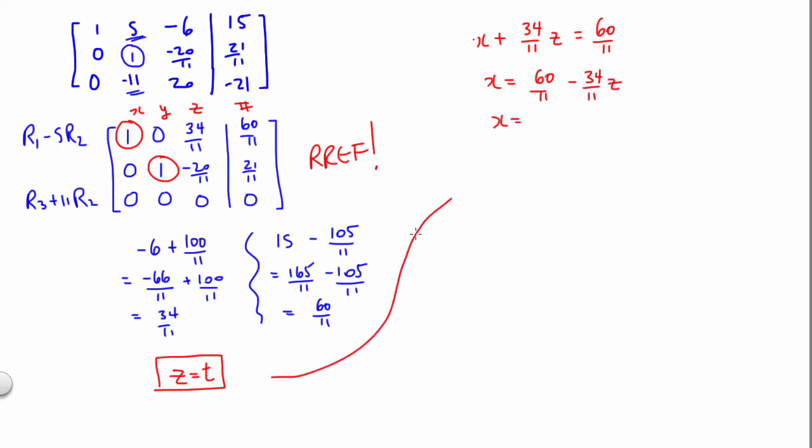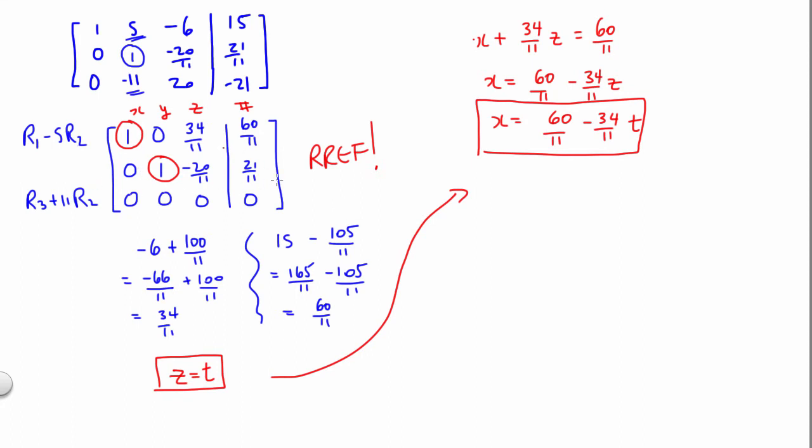And now we're effectively plugging in that previous value of z. Rather than calling it z, we're going to call it t to represent that it's free to take on any real number value. So we should say x is equal to 60 over 11 minus 34 over 11 times t. All right, so there's our value of x.